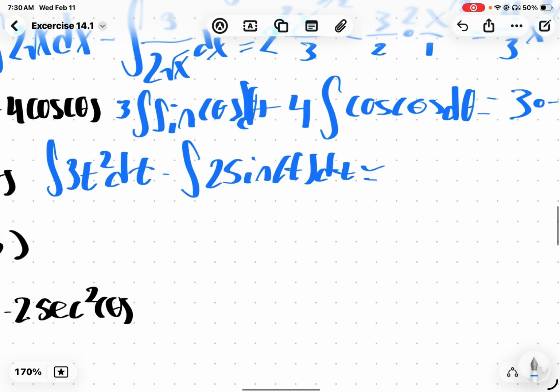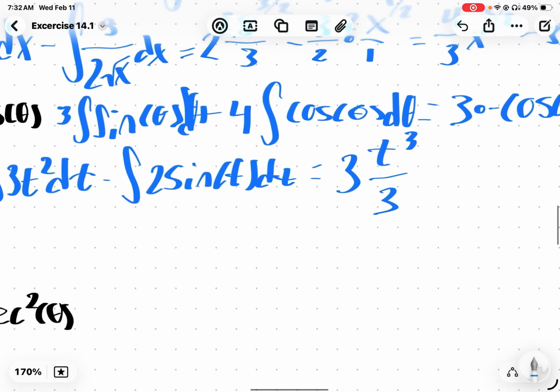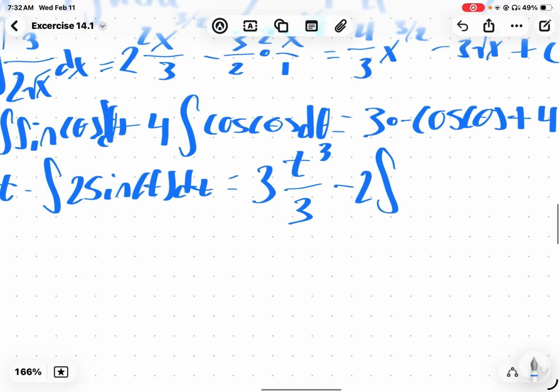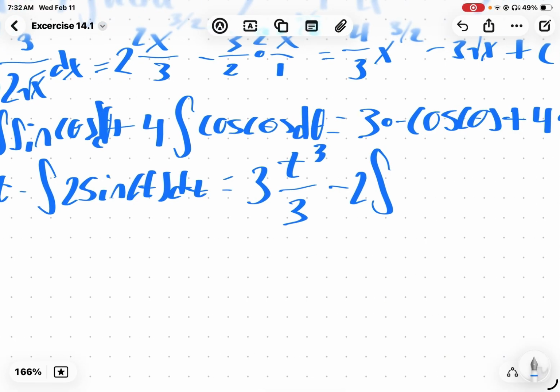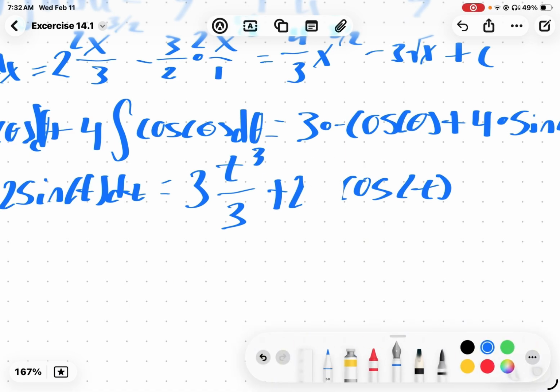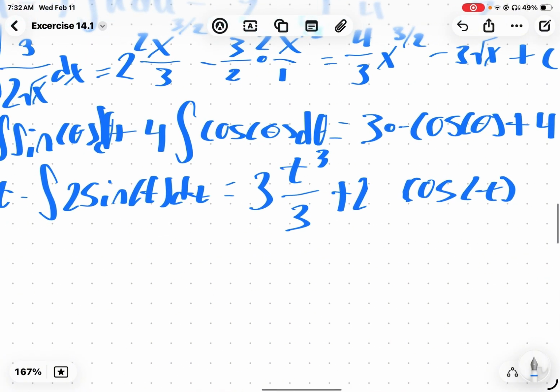So for the first integral, take out the constant 3, then t to the power of 2 plus 1, which is 3, over 3, minus the integral of, take out the constant 2, so the integral of sine, which is negative cosine, so make that positive, 2 times cosine of t.